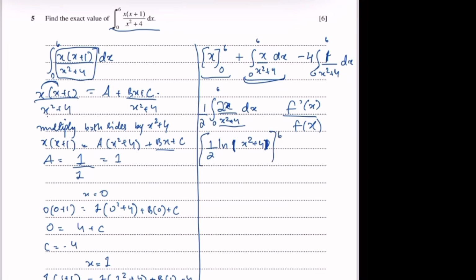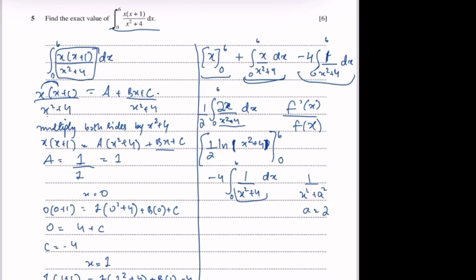And now if I look at this term, minus 4 multiplied by the integral of 1 upon x squared plus 4 with respect to x within the limits 6 and 0. It's just 1 upon x squared plus a squared, right? So this term is of the form 1 upon x squared plus a squared, where a in this case is 2.